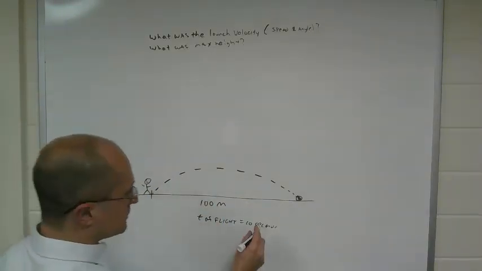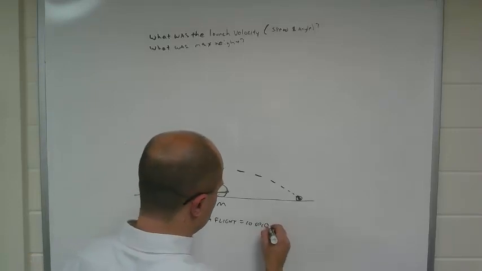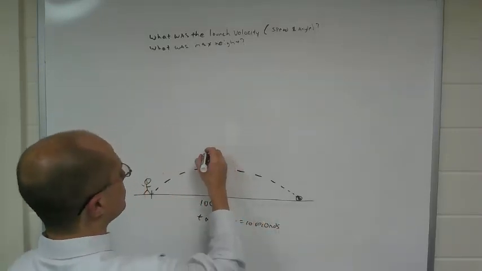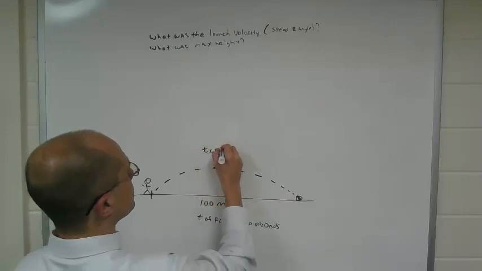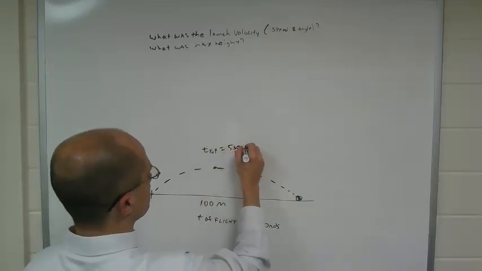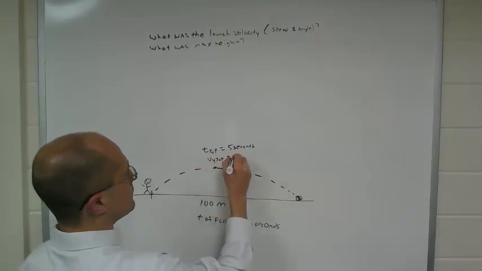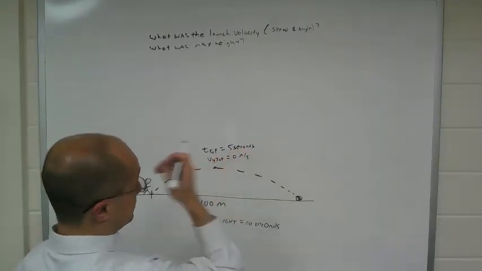Well, there's several things we can take advantage of. The first is we remember that at the top, the time to the top was equal to 5 seconds. Vy at the top is 0 meters per second because it stops up there.